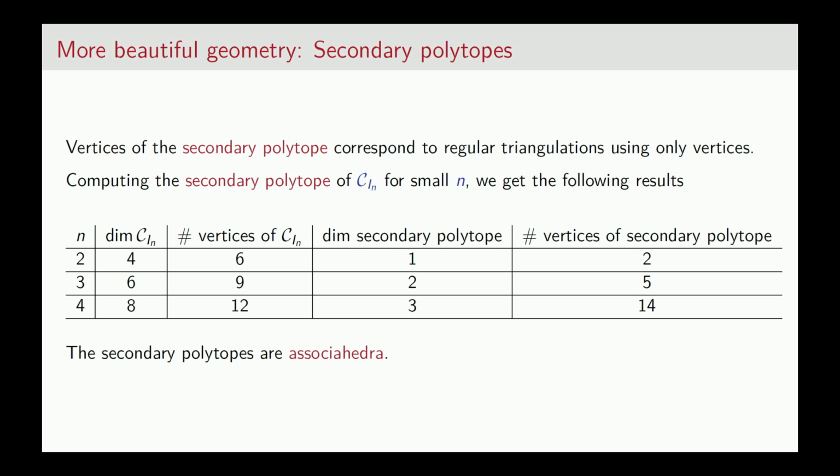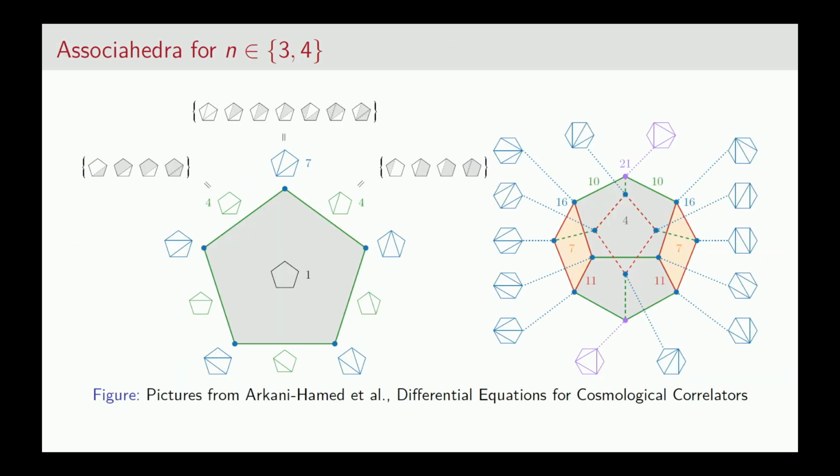And somehow, these also appear in physics, and that's why I show you this picture. Cosmologists also care about these polytopes, and I will tell you a little bit more in some minutes. They try to compute the differential equation satisfied by the cosmological wave function, and there also a tetrahedron pops up.